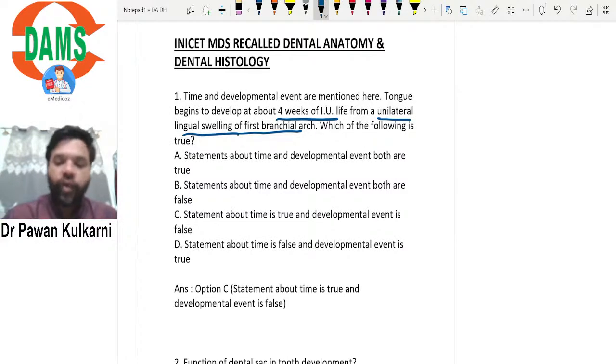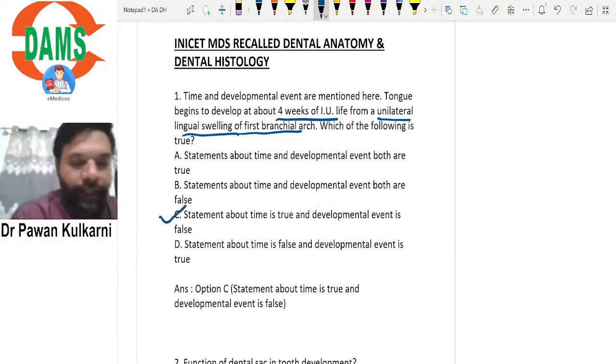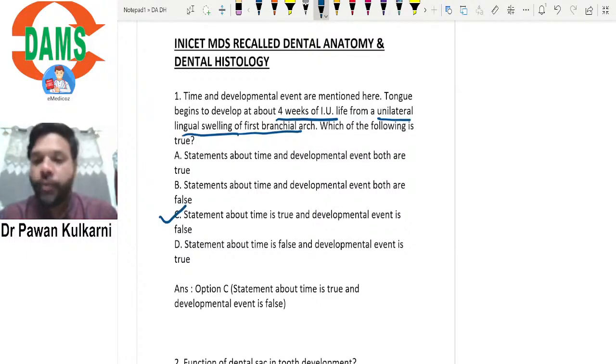No, it occurs from bilateral lingual swellings. There won't be one lingual swelling, there will be two. So the first statement is correct, and the second statement, the developmental event, is false. So option C is the correct option here.